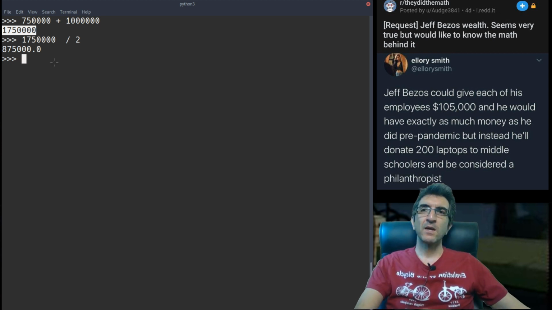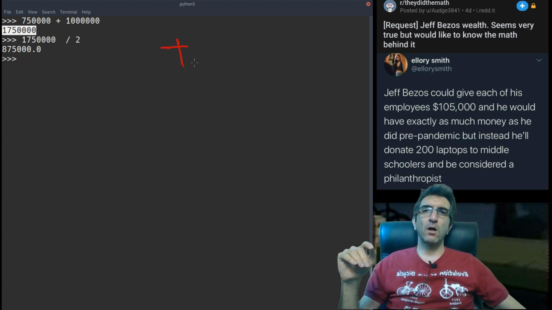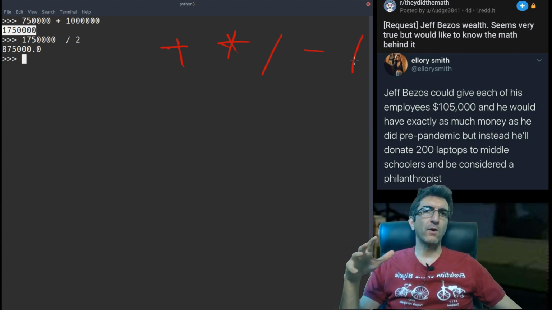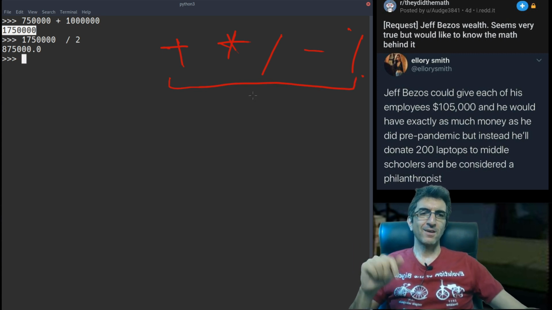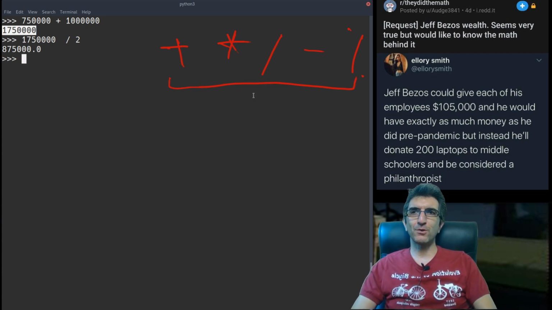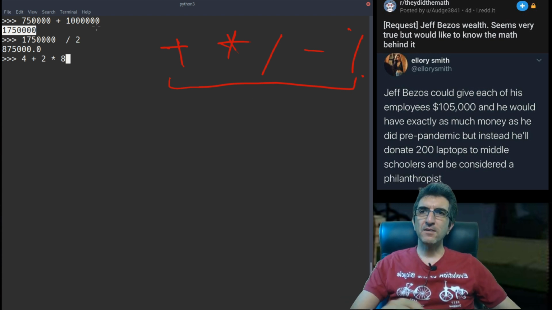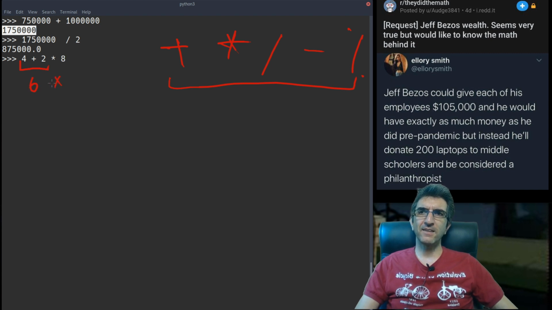But one thing, when using plus, multiply, and whatever operator you have, there is one concept which is called priorities. If you tell a computer to calculate 4 plus 2 multiplied by 8, it doesn't know if you mean 4 plus 2 is 6, then 6 multiplied by 8, or first multiply this and then add 4.